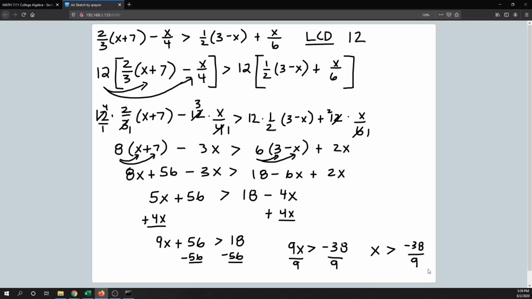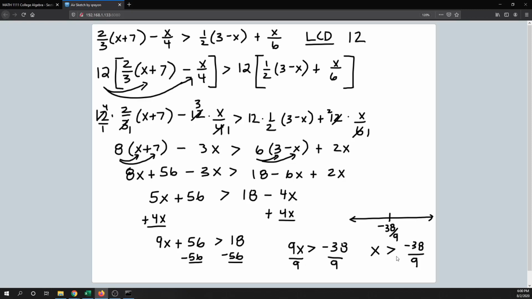The next thing that we want to do is to graph that solution out. So we would draw a number line and find negative 38 ninths, and just put that on the number line. And then decide whether or not the negative 38 ninths will have an open dot or a filled dot.